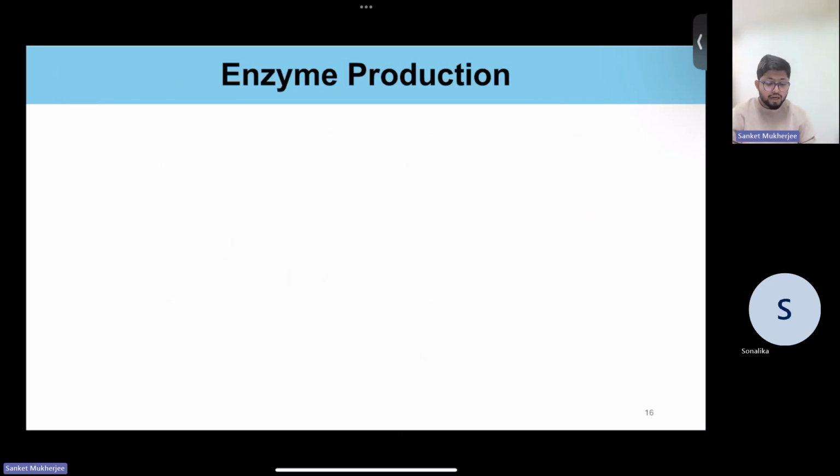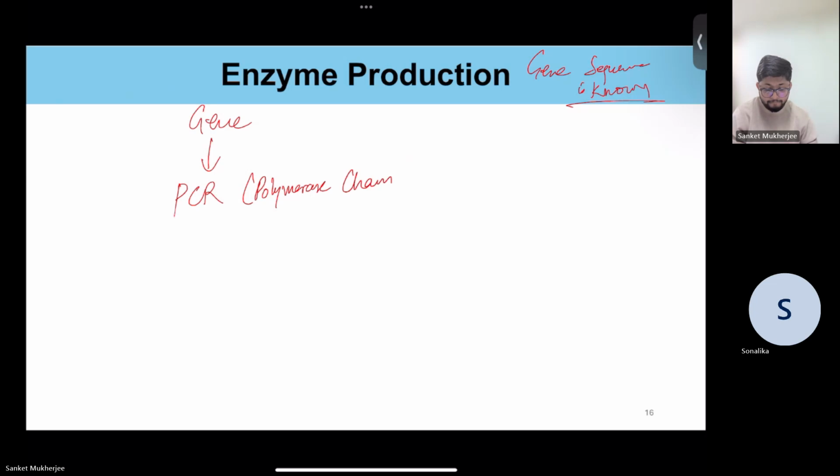Now coming to the post-genomic era, if a gene sequence is known, then the process becomes very simple. We simply take the gene and perform PCR, that is polymerase chain reaction, and we'll discuss it in detail.